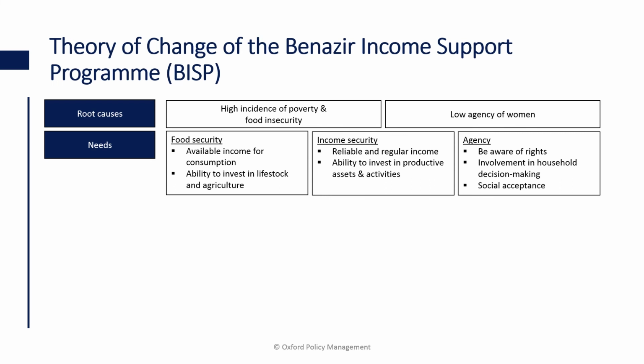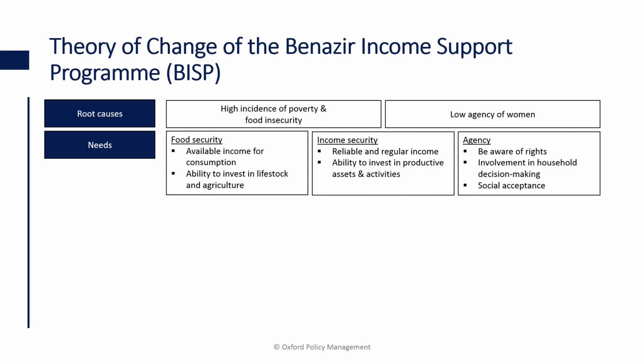The need was found to be the persistent incidence of poverty, income and food insecurity, and the low agency of women. Whenever we design a program or intervention, we have to rationalize it, and that is known as a need.